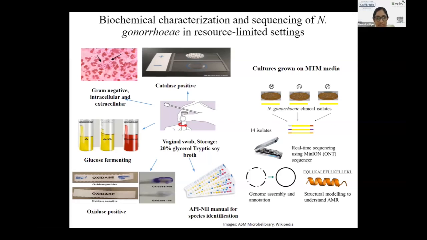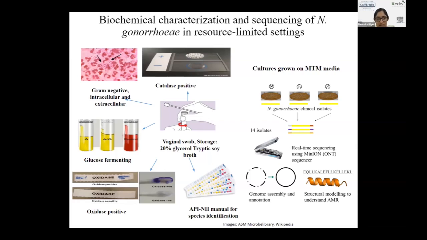So we can save all the data in the laptop, and later when internet facilities are available, we can do the further subsequent analysis. So these sequencers are very important to go to regions of outbreak and environmental locations. This is a very important technology.